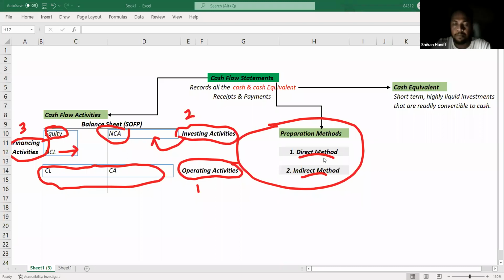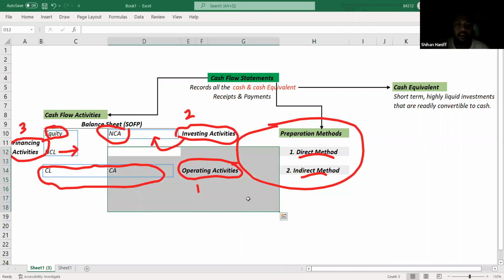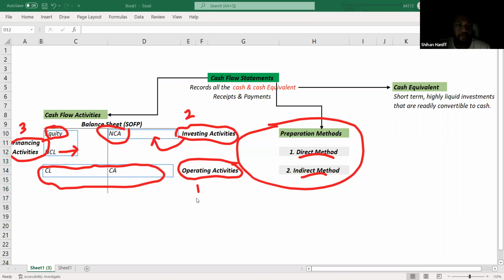Our questions will be based on preparing the cash flow statement either using direct method or indirect method. The main difference between direct method and indirect method is the operating activities. If you can understand the operating activities, then you can do any method.